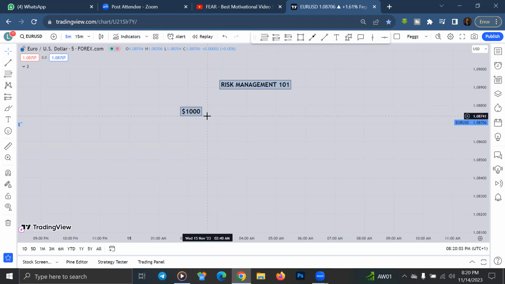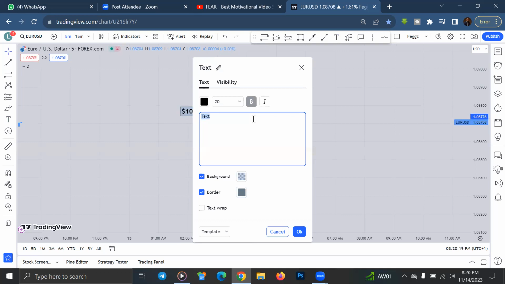All right, so now let's say you have a $1,000 account. The best method I always advise is this. What you should do is divide this $1,000. Let me write it separately. Divide your trading capital by 20.